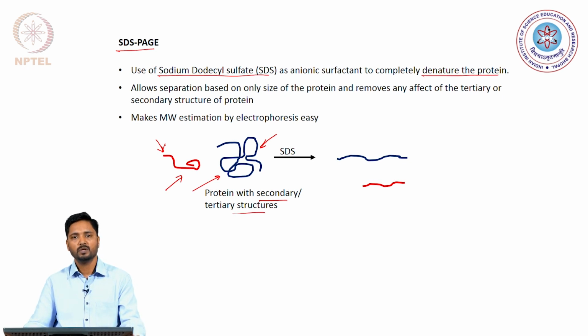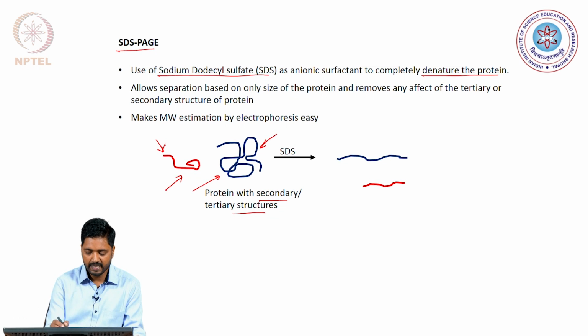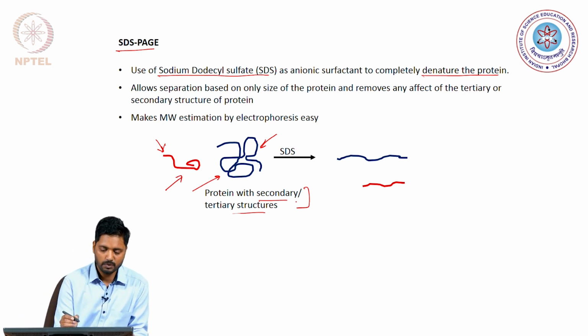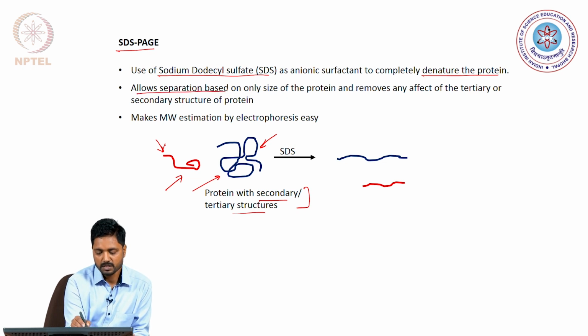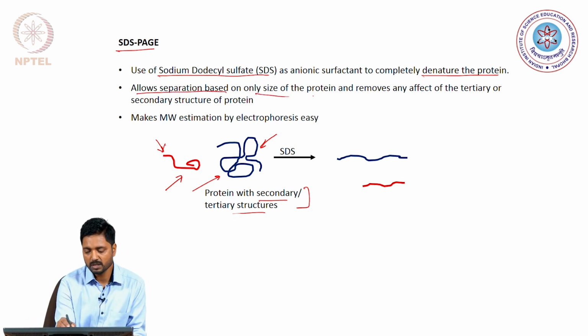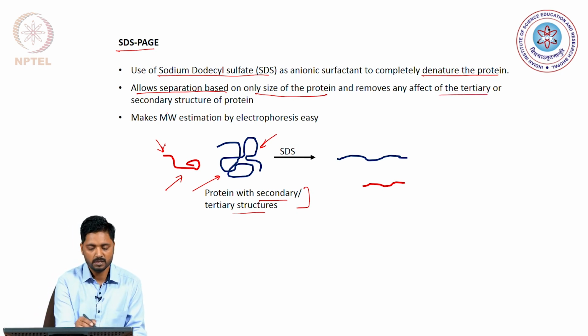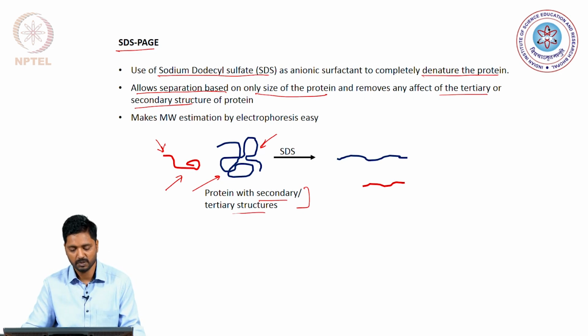So, to screen out any secondary or tertiary structure effects, we utilize the sodium dodecyl sulphate, plus moreover SDS also incorporates a uniform negative charge to the protein. Now, this protocol hence allows separation based only on the size of the protein and removes any effect of the tertiary or secondary structure that the protein may have.